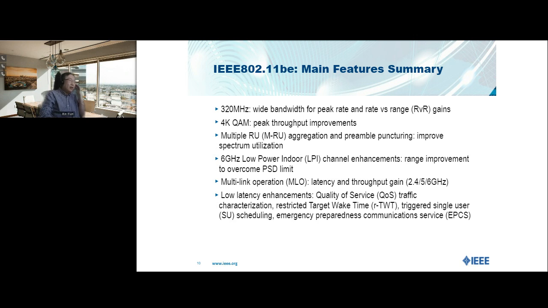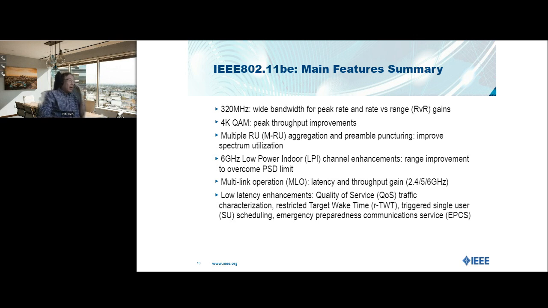There are also improvements in 11be for low power indoor channel enhancement. There is also something called multi-link operation. Now you have so many bands, so how do you make multi-link work coherently, working together to reduce latency and improve throughput?